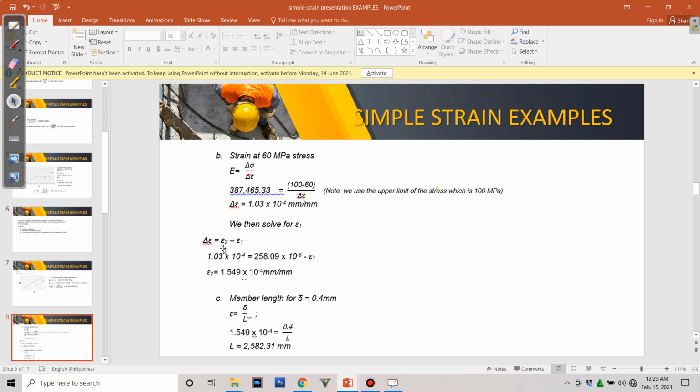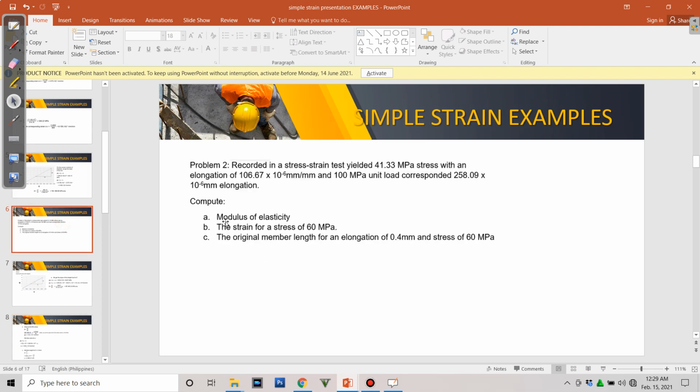So this is further expanded to its formula, wherein the upper limit strain minus the lower limit strain, and we are actually getting the lower limit strain, which is 60. So the strain for 100 is recorded to be 258.09. So let us check that one. Okay, that's it, 258.09 for 100 megapascal.